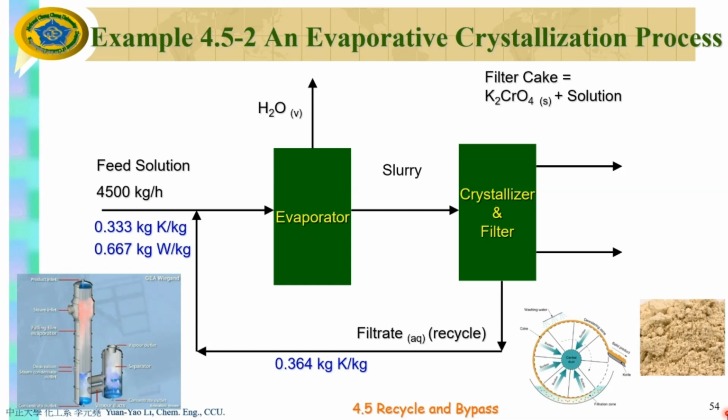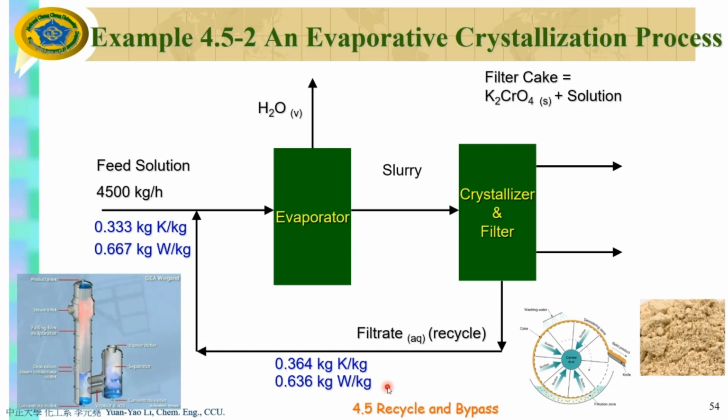And then we also know that it comes out with the 36.4% recycled. So we understand this is the recycled potassium chromate. That's all the information we know, right? And we understand that if you have 36.4% potassium chromate, that means you have 63.6% water.